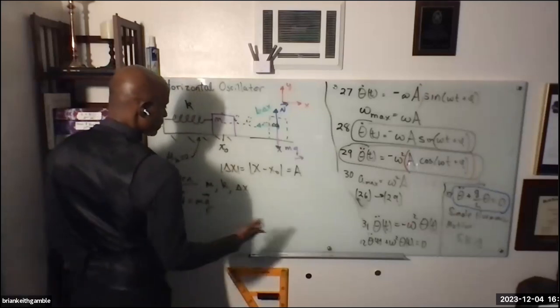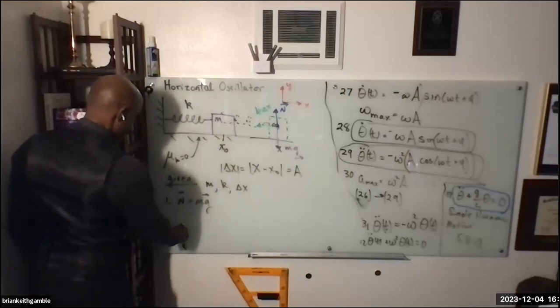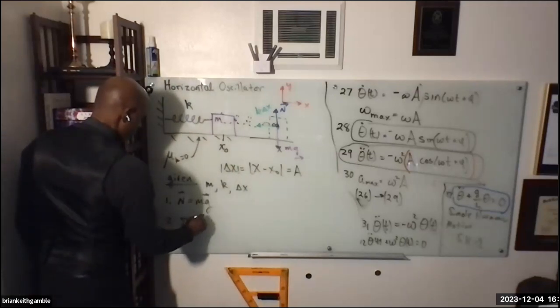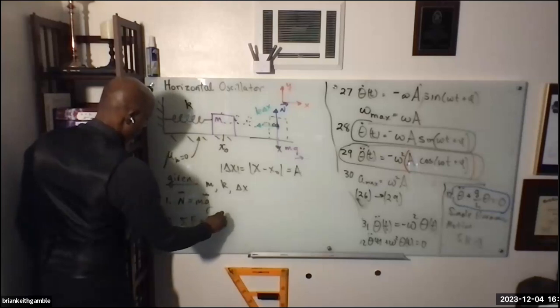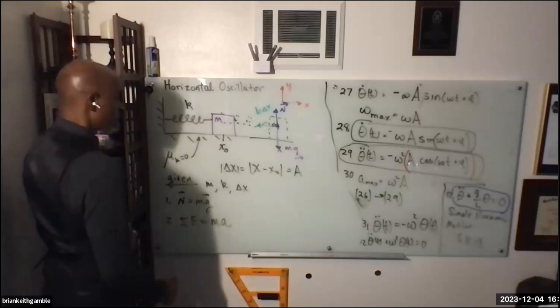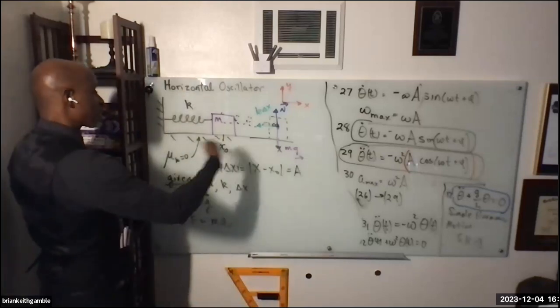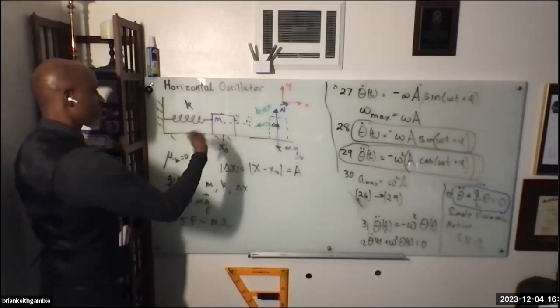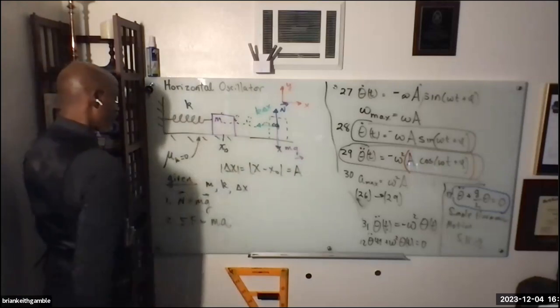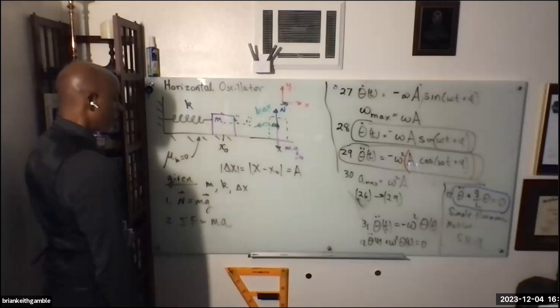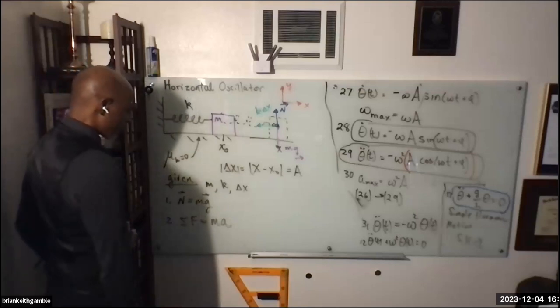Now in the x direction, we have just basic Newton's second law. The net force is equal to mass times acceleration. You have to be a little careful here. By observation, you know that the motion is oscillatory, so that force has got to be a restoring force. Again, that's where it can be deceiving.